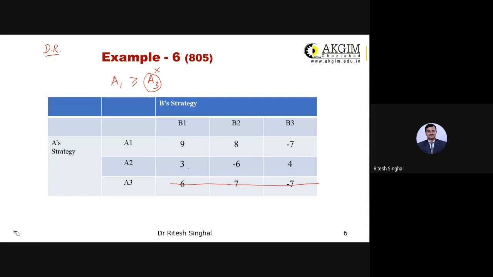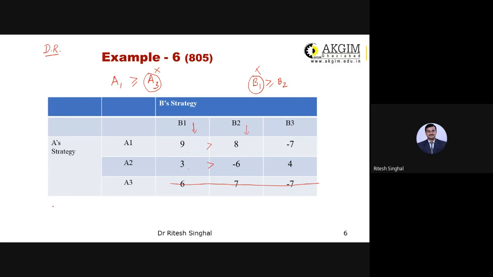Now we'll try to reduce this game further till we get a matrix of 2 by 2. Now compare columns. Compare B1 and B2 here. 9 is greater than 8, okay. 3 is greater than -6, very good. So we can say B1 is greater than or equal to B2. And in dominance rule, we remove a column which has greater values.